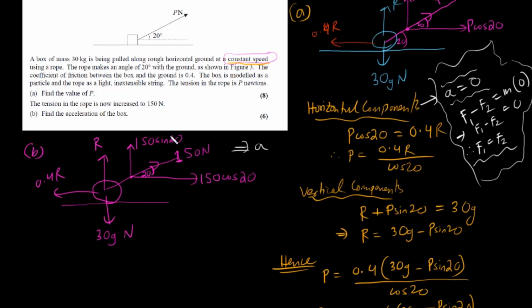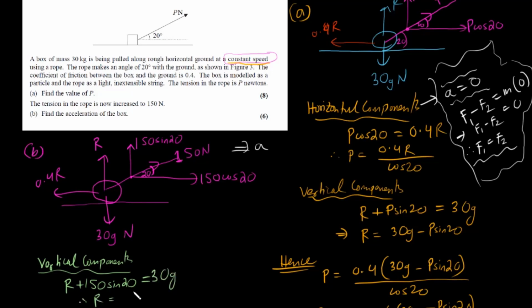First of all we have to calculate the normal reaction force. We know vertical components. R plus 150 sin 20 are the upward forces, and the downward force is 30g Newton.